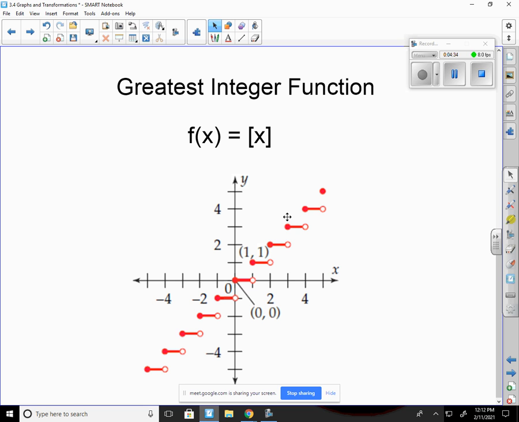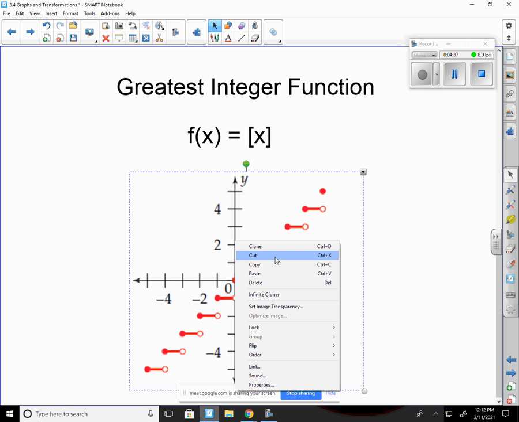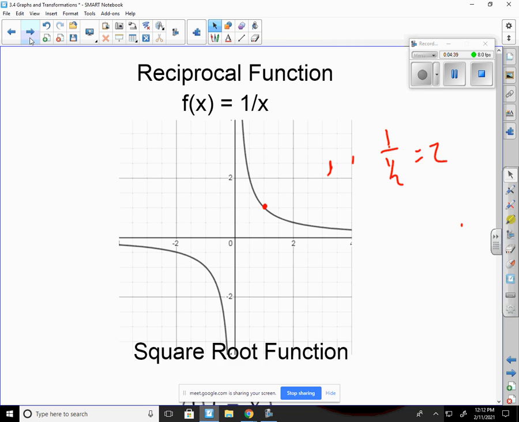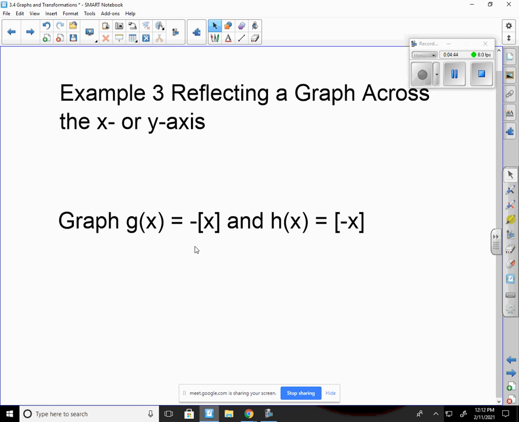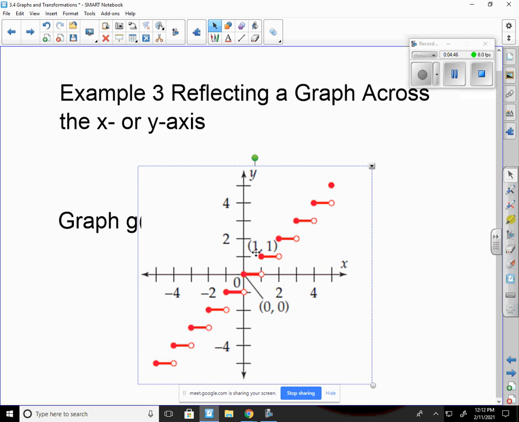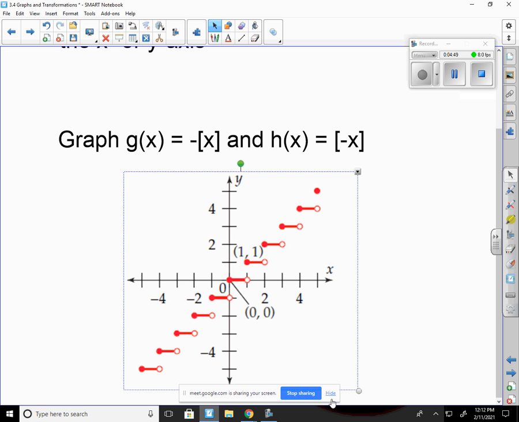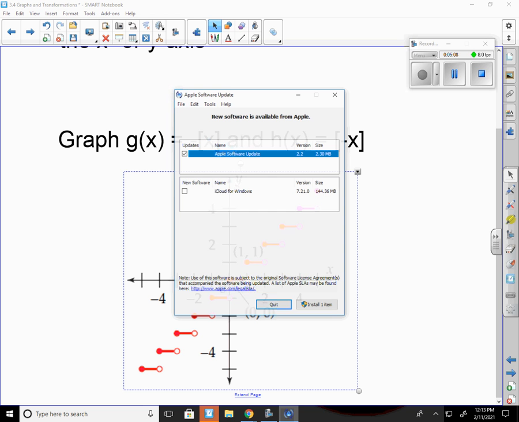So this is the original. If I'm looking at reflecting this over the x-axis, that's where I'm going to start. If I reflect it over the x, then everything that's up here comes down to here. So 0, 0, this line segment stays the same.